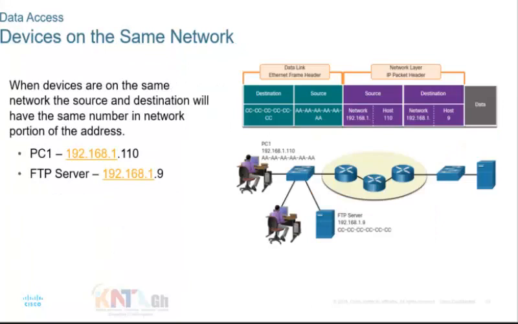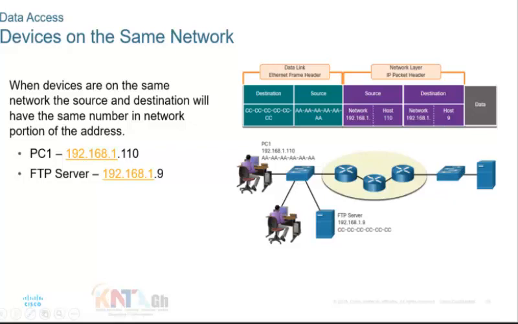We want to look at devices on the same network. When devices are on the same network, the source and destination will have the same number in the network portion of the address. So here, PC1 is 192.168.1.1. If both the source and destination are on the same network, you see that the first 3 portions are the same.